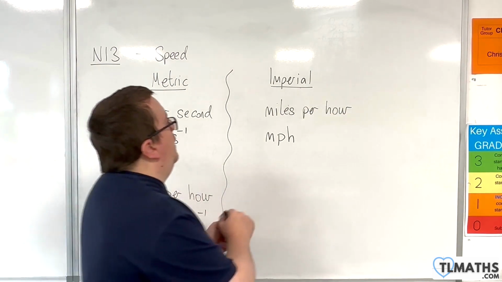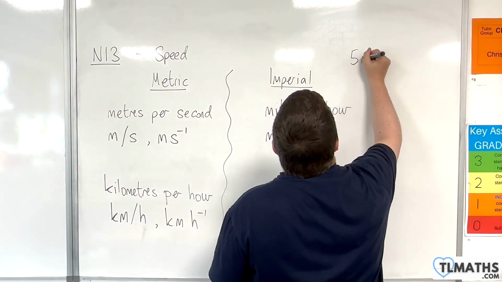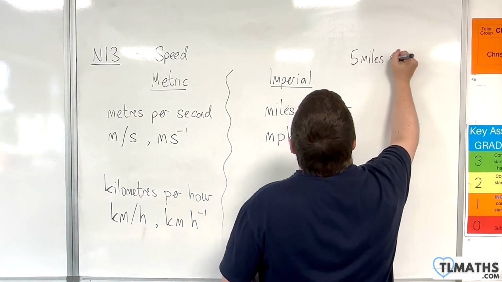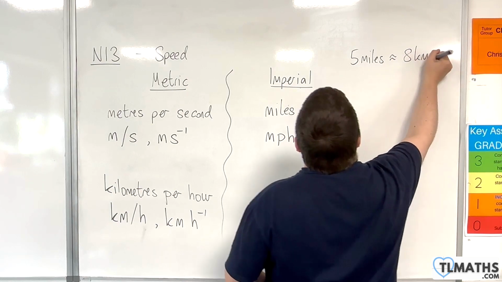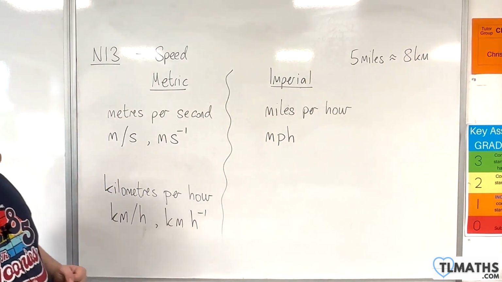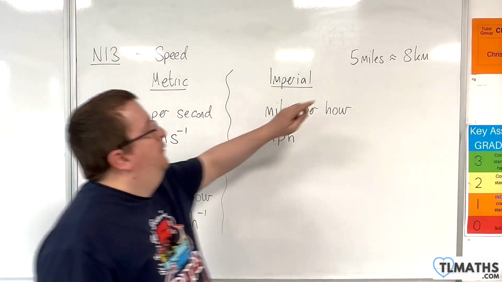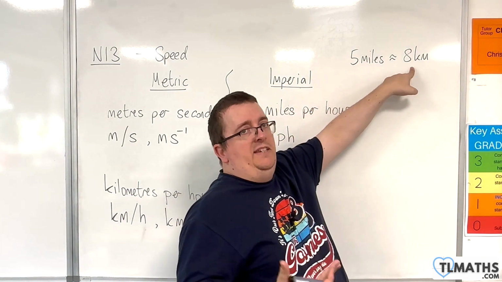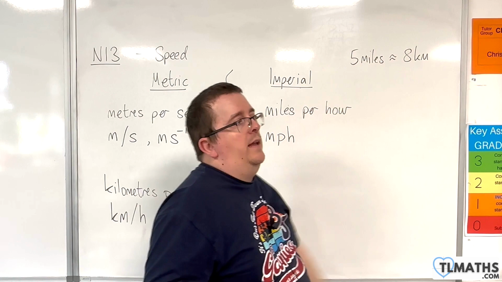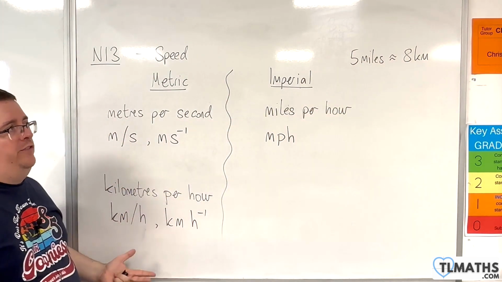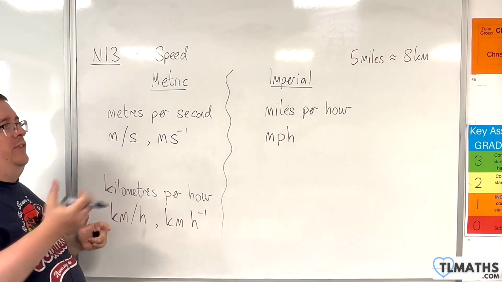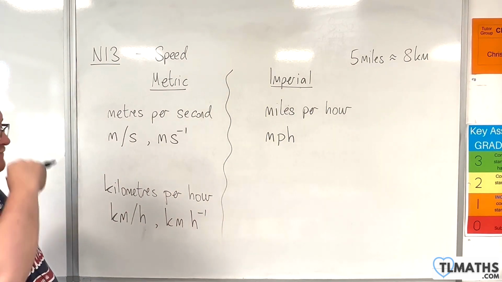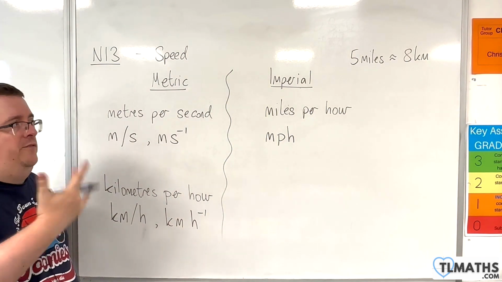So remember that 5 miles is approximately 8 kilometers. Okay? So if you know that you're going 50 miles per hour, that's approximately 80 kilometers per hour. Okay? So it's quite an easy conversion to do.